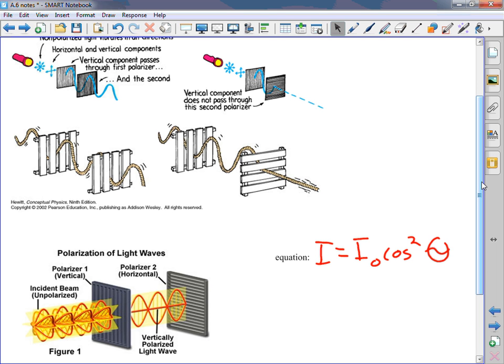The light can only go through the slits. That's the only way it gets through. If you have your two polarizers turned the same way, the rope can get through both of them. Does that make sense? But if you have one turned vertical and one turned sideways, the rope gets through the first one but is blocked by the second one.